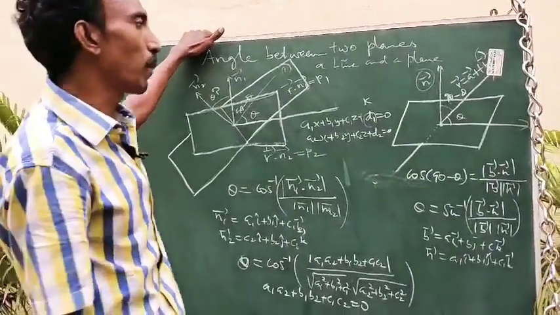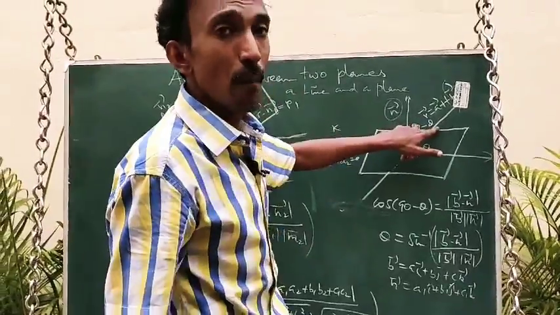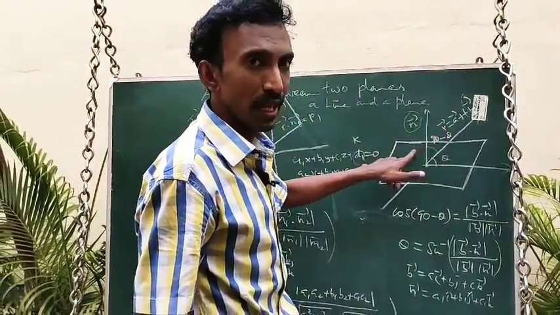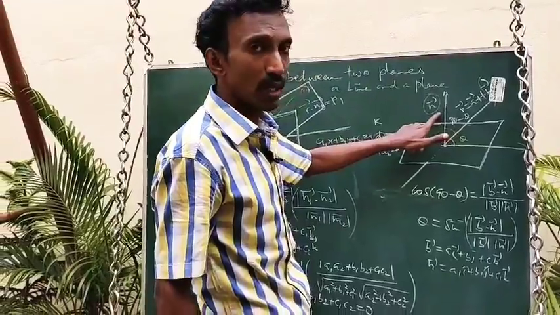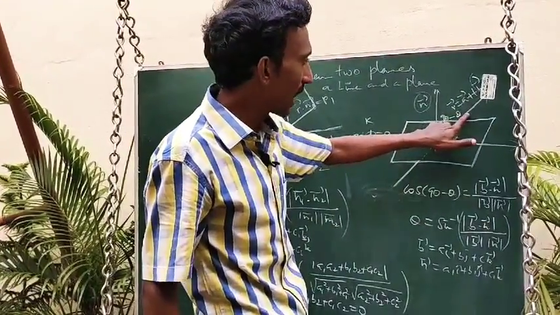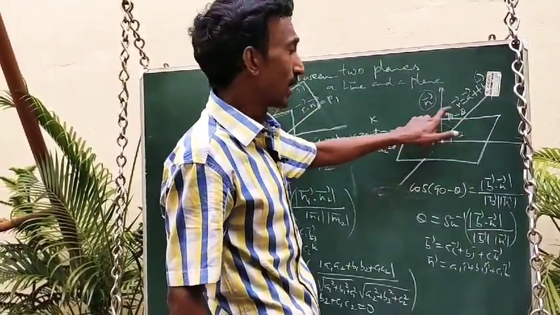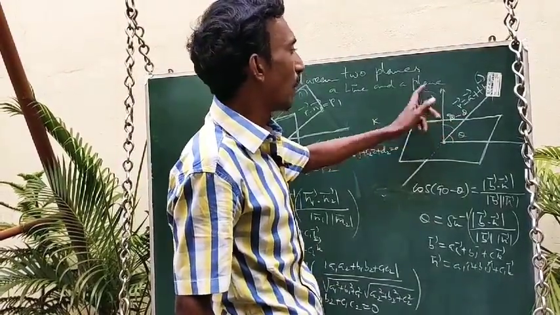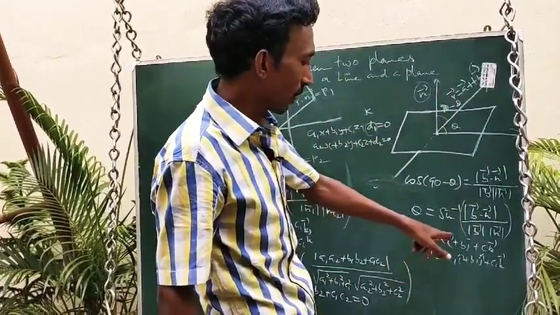Okay, now suppose the straight line is perpendicular to the plane, then it is parallel to the normal. Listen my dear students, if the straight line is perpendicular to the plane, then it is parallel to the normal. Parallel means the ratios between the coefficients are equal.